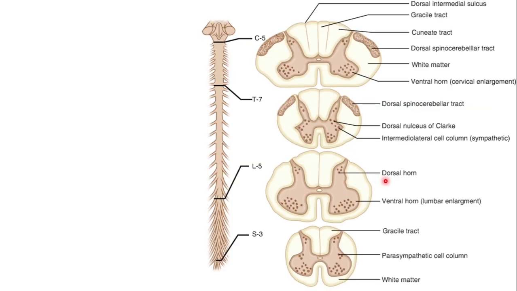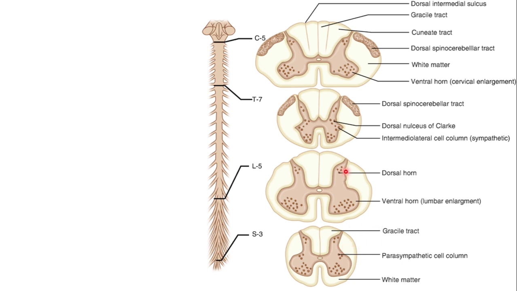Okay, so the last thing we want to talk about in this lecture is that we want to be able to differentiate between the different spinal segments. So we want to know, if we're looking at a spinal segment, whether it's the cervical or thoracic or the lumbar or the sacral.